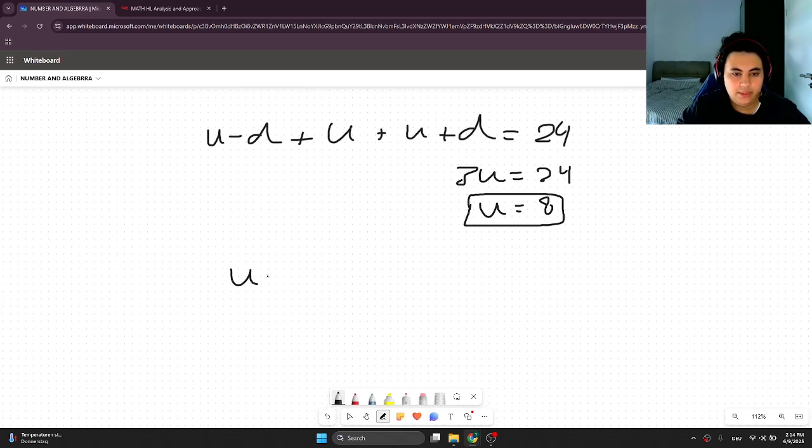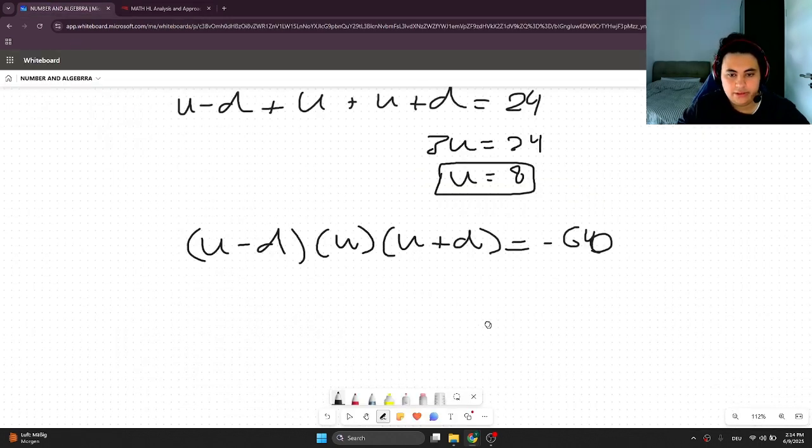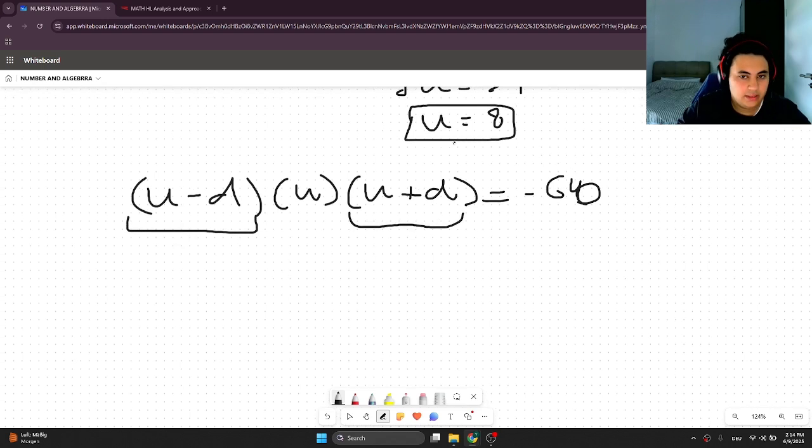So now you have U minus D multiplied by U multiplied by U plus D is going to give you negative 640. Okay. Cool. So for this one, we'll multiply this term by that term, and keep the U on the outside because we already have U, right? So U squared minus D squared all multiplied by U is equal to negative 640.